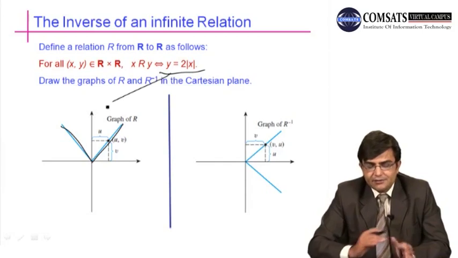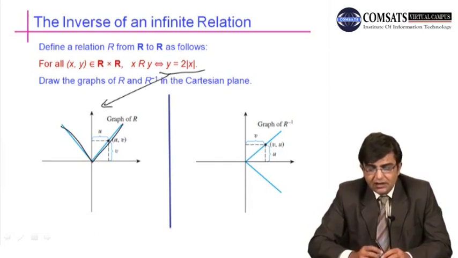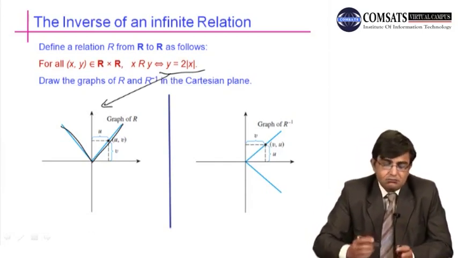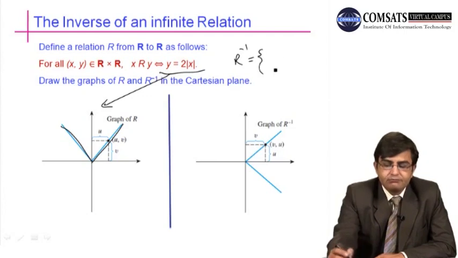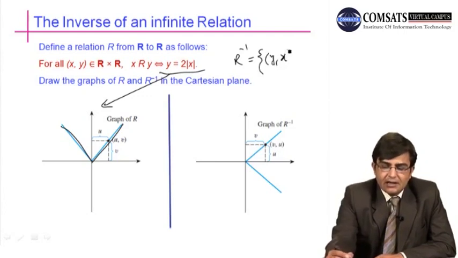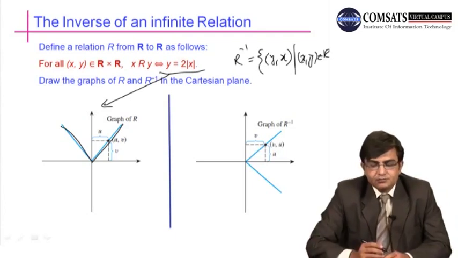Now in R inverse we interchange the elements: (y, x) such that (x, y) belongs to R. So in R inverse we have to interchange the place of elements in the ordered pair.